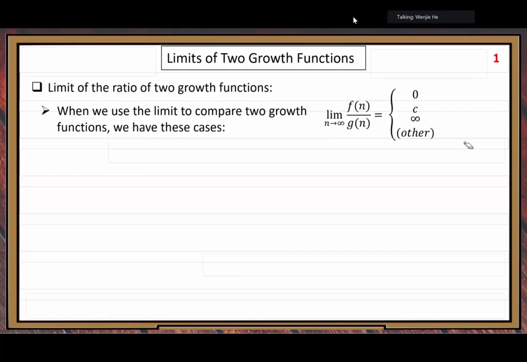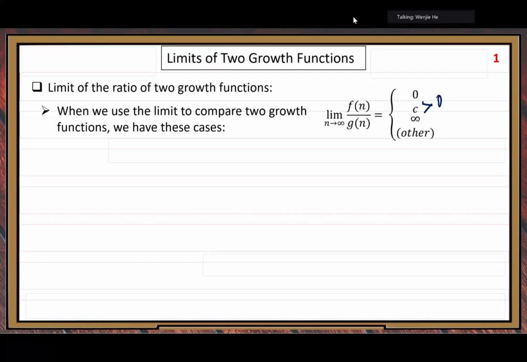The first case, the limit equals 0. The second case, non-zero constant C, but I like to make it positive constant C. Why? Because our 2 growth functions are supposed to be positive functions.